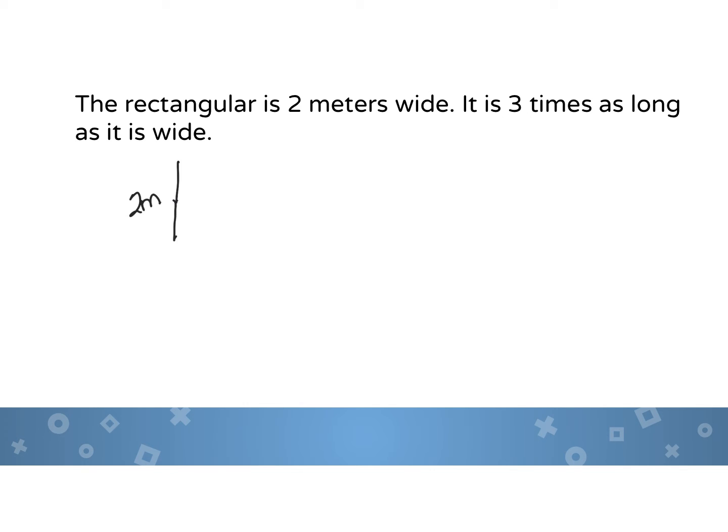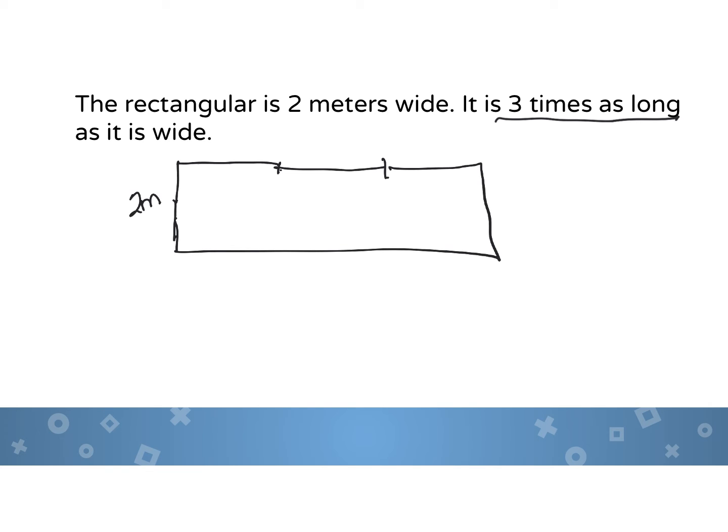It says it is 3 times as long as it is wide. So I'm going to go 2 meters, 2 meters, 2 meters. That's 2 plus 2 plus 2, so that would be 6 meters.